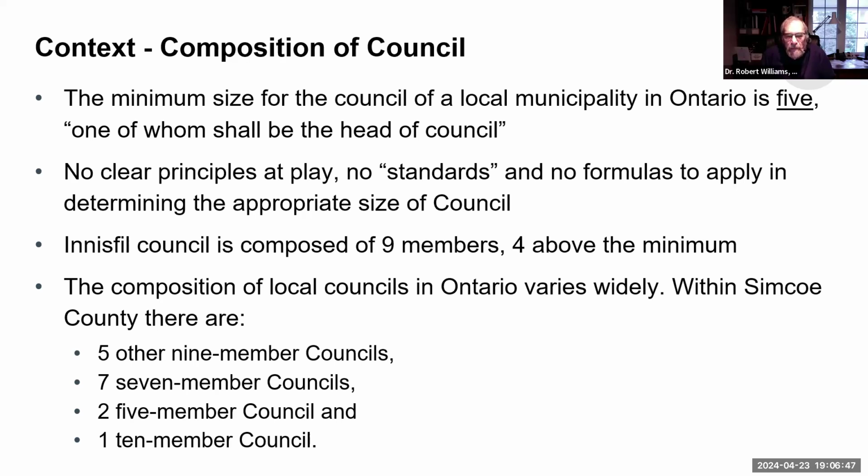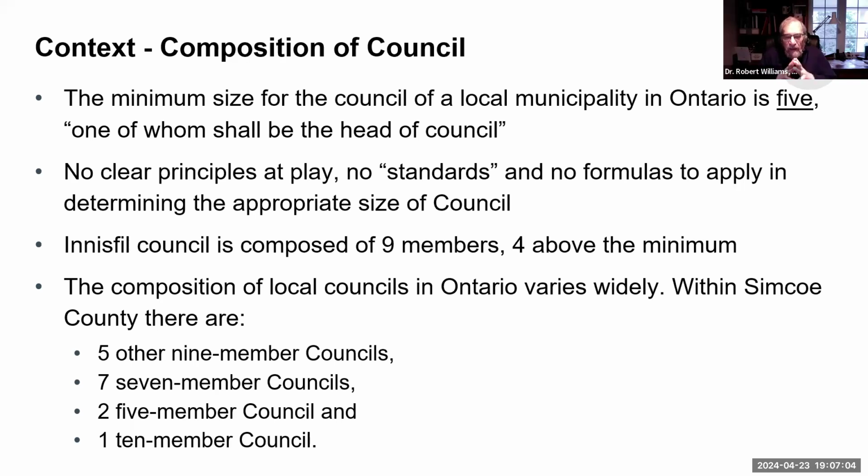Anyway, the other part of this whole situation of how big is the council is that there's no guidance on this. There are no principles or standards, no formulas to figure out what's the right size of council.